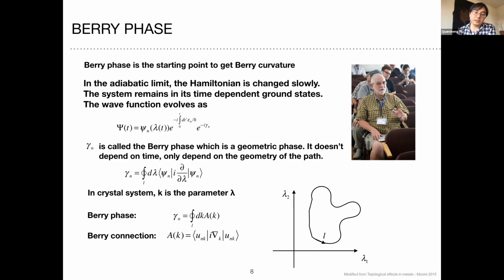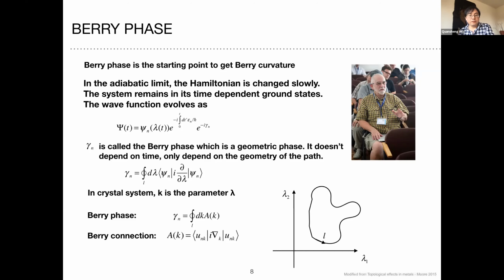This is the time-dependent ground state, and you will have a dynamic phase. This is how we know that in quantum mechanics we have dynamic phase. But additionally, you will have a geometric phase, and this phase is called the Berry phase. It doesn't depend on time, and it only depends on the geometry of the path.